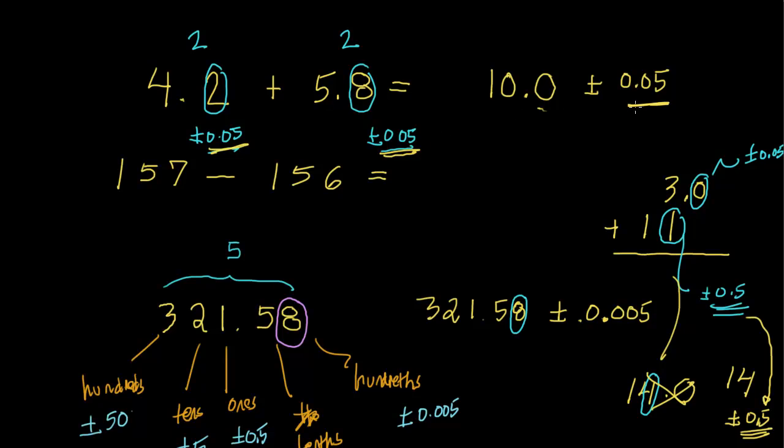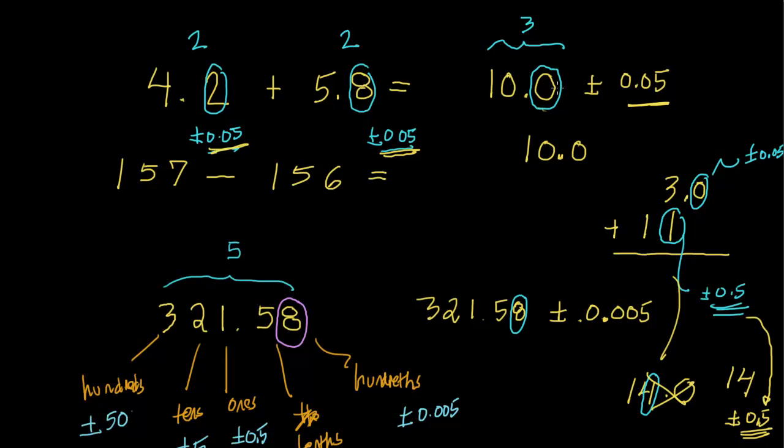If they were different, it would have the larger of the two uncertainties, but they're the same. So this implies that all three of these digits are significant. This number now has three significant figures, and it should properly be written as 10.0.